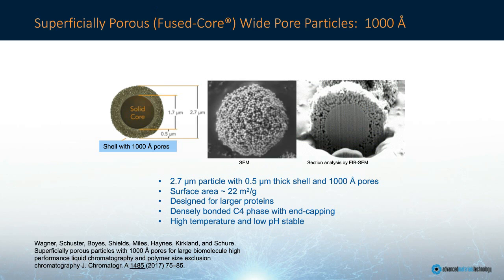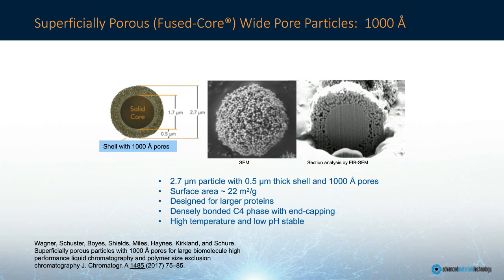To take it one step further, we moved from 400 angstrom to 1,000 angstrom in 2017. Advanced Materials came out with the 1,000 angstrom pore size superficially porous particle on a 2.7 micron particle design with 0.5 micron shell thickness.